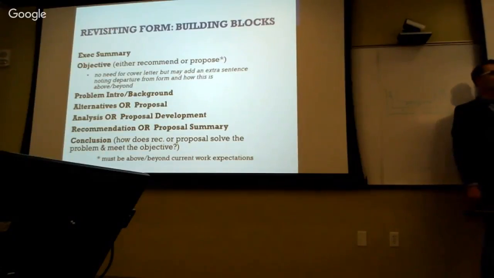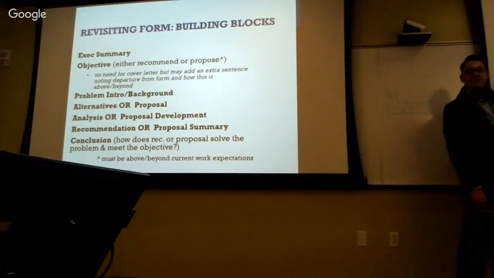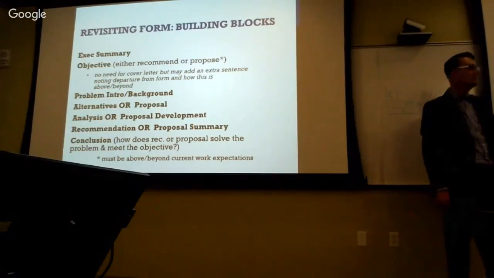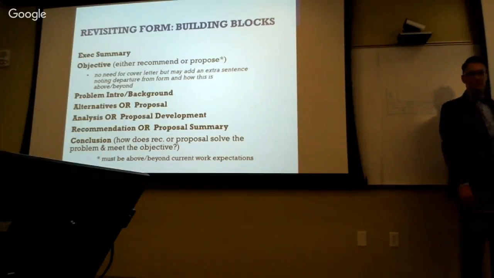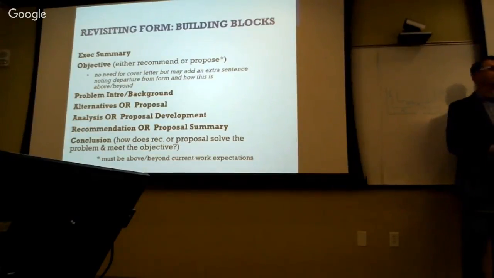In other words, don't make this a suspense novel, a thriller where I have to read to the end to find out what it is you're about. That should all be in the executive summary. So let me repeat. Executive summary should have the objective, a little bit of the problem in the background, and then your recommendation or your proposal summary.